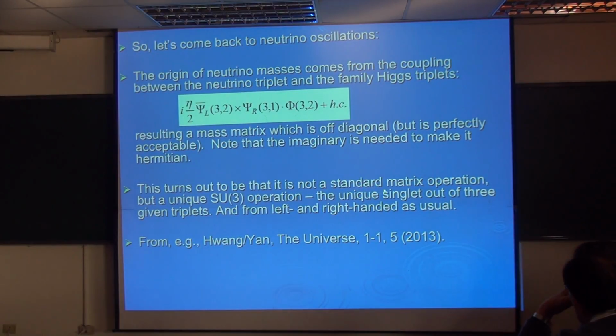The unitary singlet out of the 3 given triplet, and from left-handed, right-handed as usual. So this is how it is acting on the lepton space.